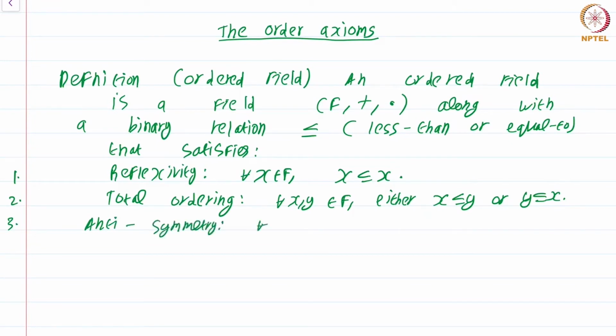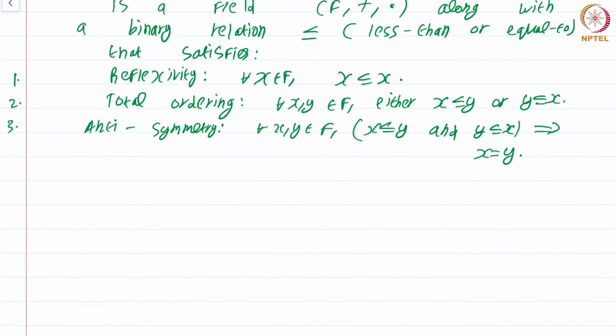Antisymmetry says that for all x, y in F, x less than or equal to y and y less than or equal to x forces x to be equal to y. The only element that is less than or equal to itself and greater than or equal to itself is the element itself.